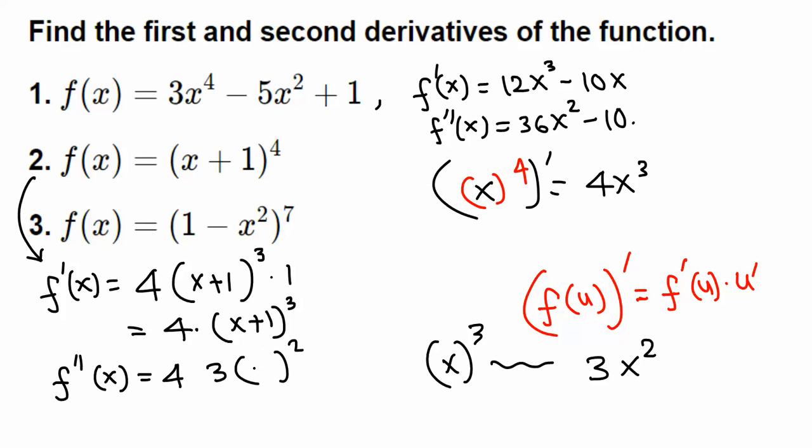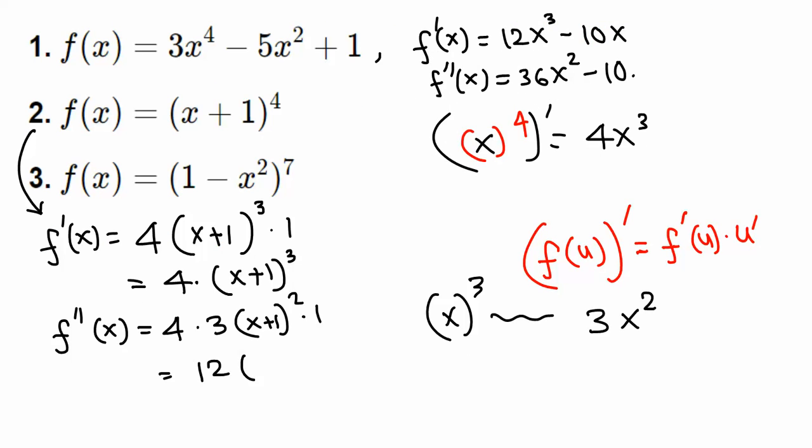Okay, this is x plus 1, times derivative of inner function. Derivative of x is 1 plus derivative of 1 is 0, 1 plus 0 is 1. Okay, this is pretty much 4 times 3 is 12, x plus 1 squared, and 1 doesn't count. That's the second derivative.